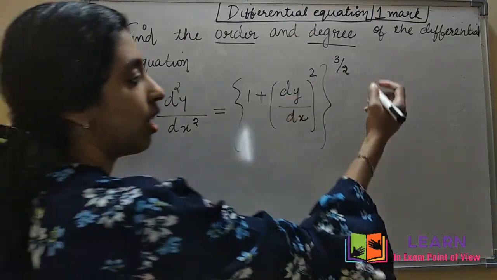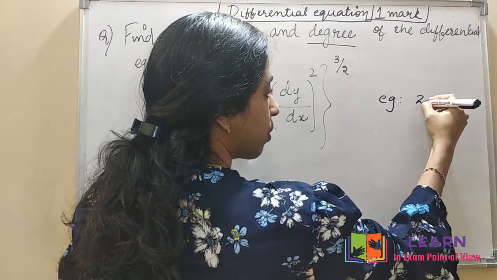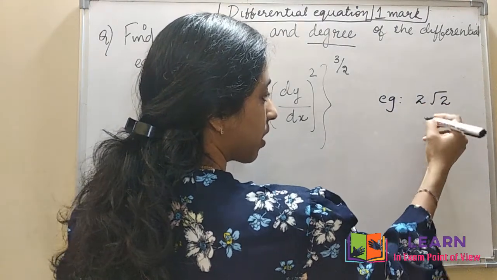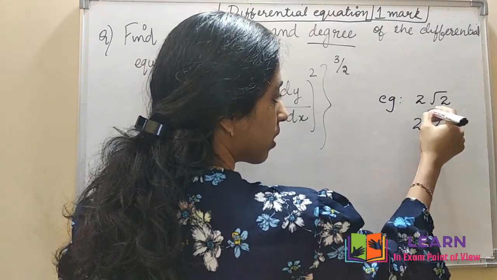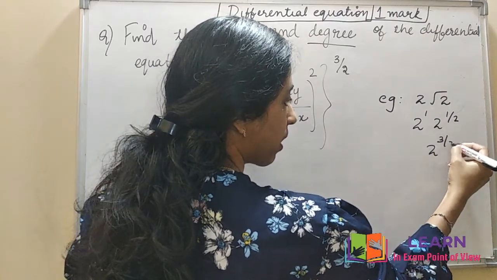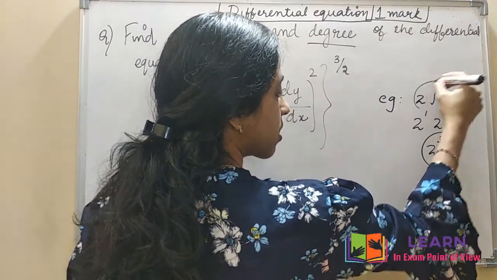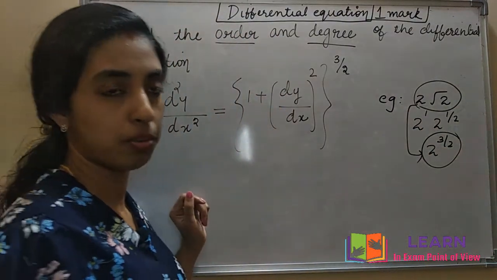For example, 4 we will write as 2 root 2, that is, 2 root 2 can be written as 2 raised to 1 by 2. So 1 plus 1 by 2, 2 raised to 3 by 2. So this thing can be written as 2 raised to 3 by 2.